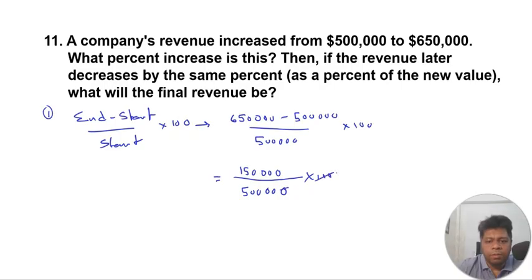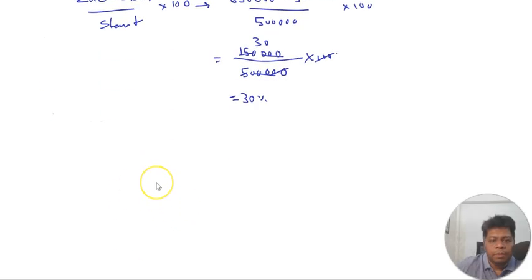Now I can discard zeros over here, and 3 zeros from here, and then it would become 30. So the percentage change is 30%. Now the second problem, decrease by 30%.